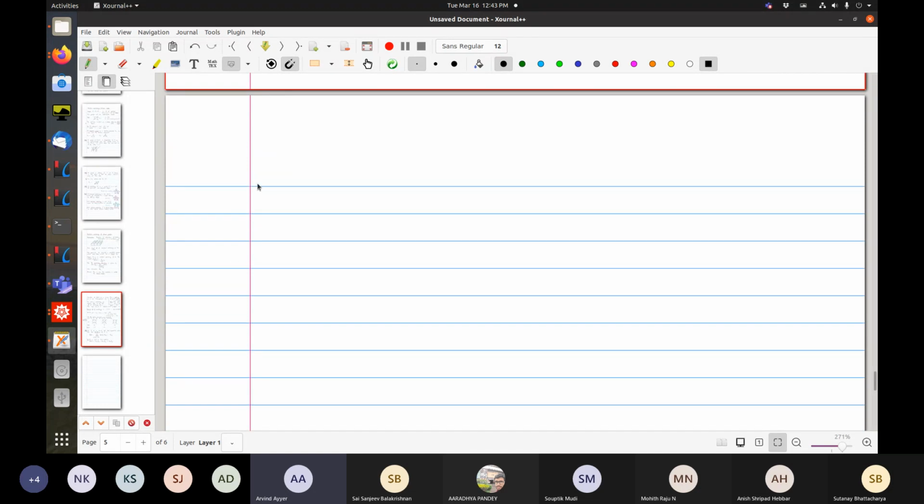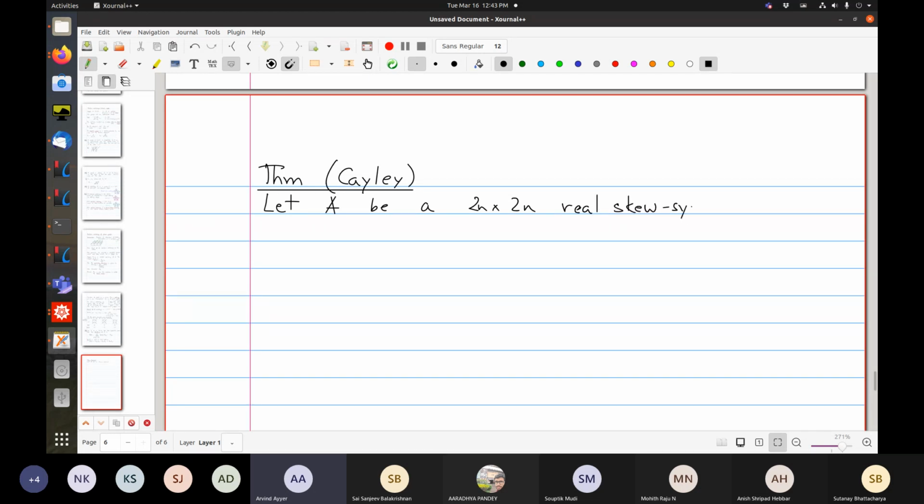Okay, why is this important or interesting? It is due to this beautiful theorem of Cayley. Let A be a 2n by 2n real skew symmetric matrix.